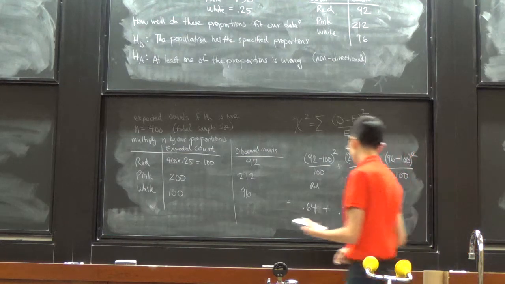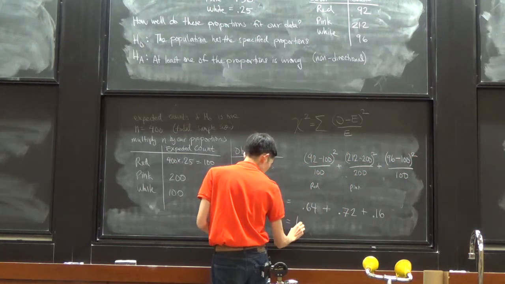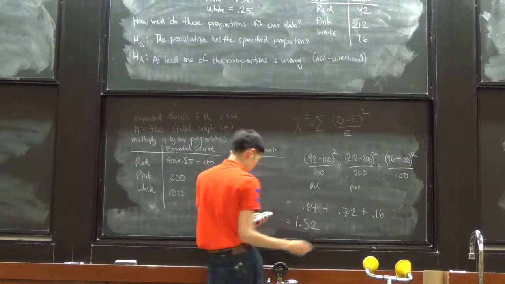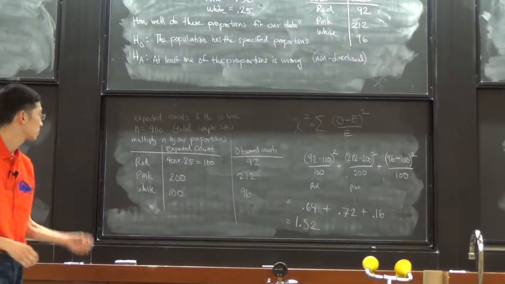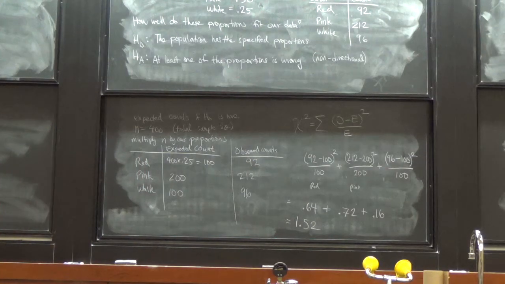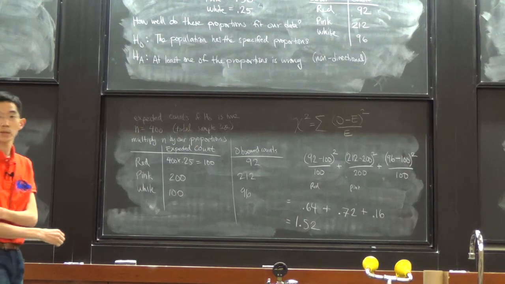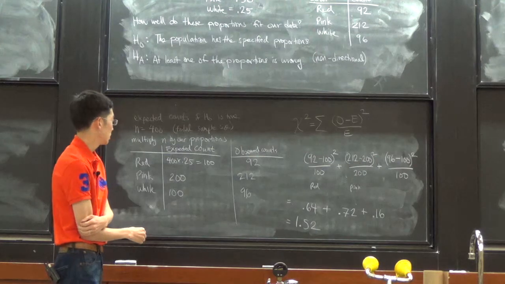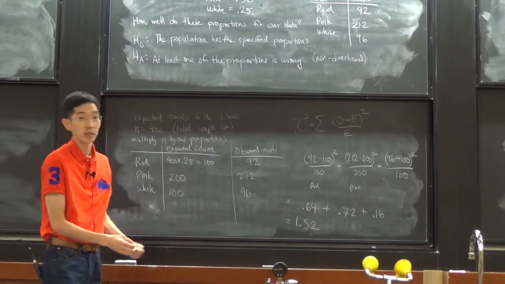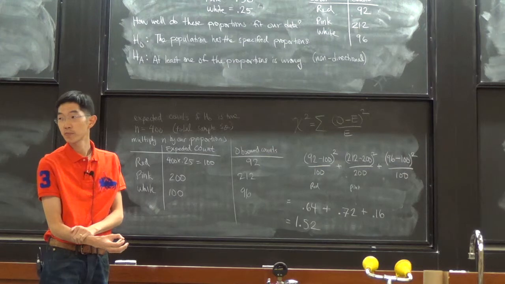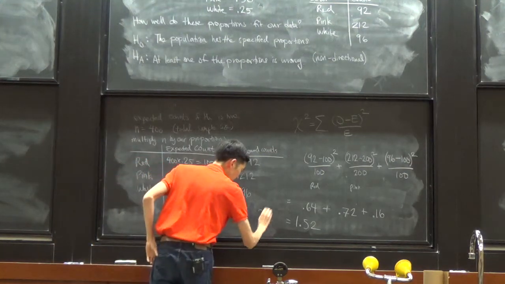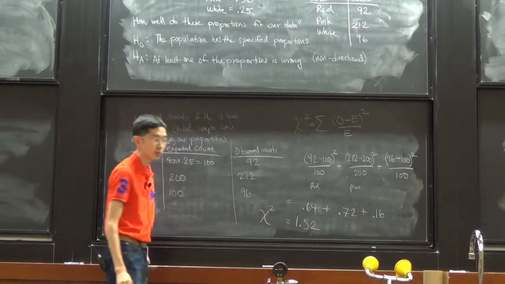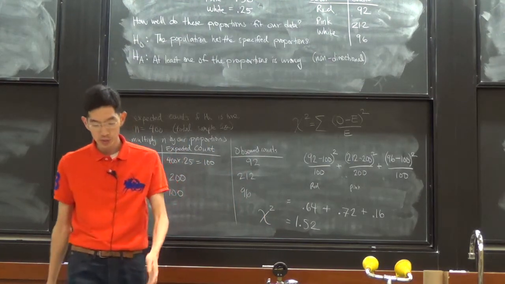Okay, and so when I total this up, I get 1.52. Is the process that I went through okay so far? Okay, so my chi-squared statistic is equal to 1.52. And so what do we do now?